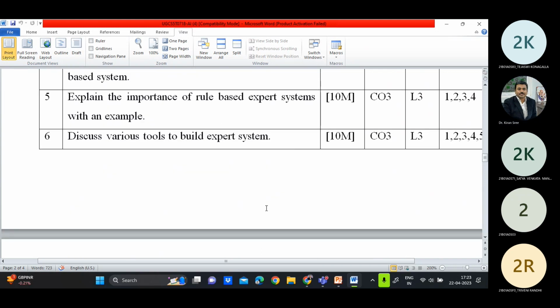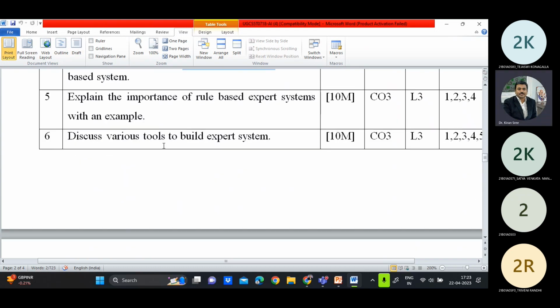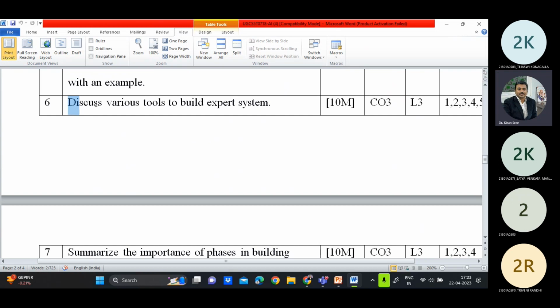Compare and contrast: rule-based system means you have to write about this water jug problem. Blackboard system means you have to write about the blackboard and the knowledge experts and the control that you have. Rule-based systems means you have to write about that. Various tools means you have to write about this, and you have to write about Flex, Guru and so on, CLIPS and so on.